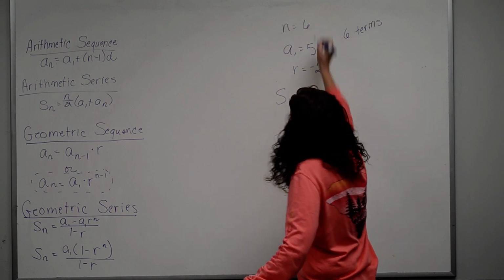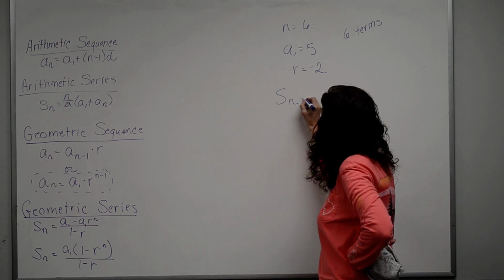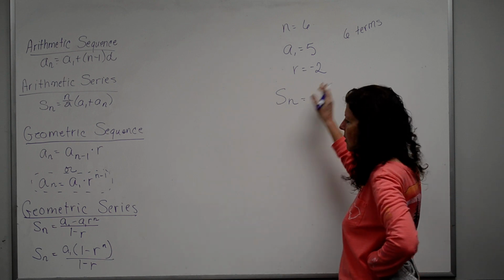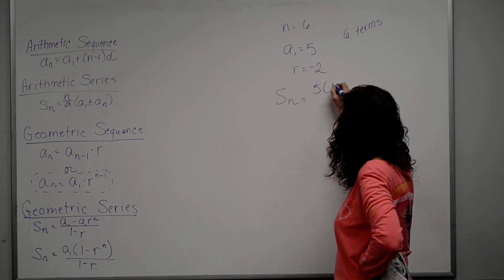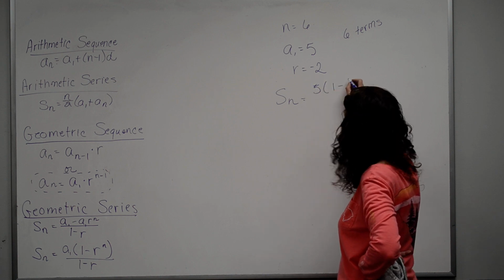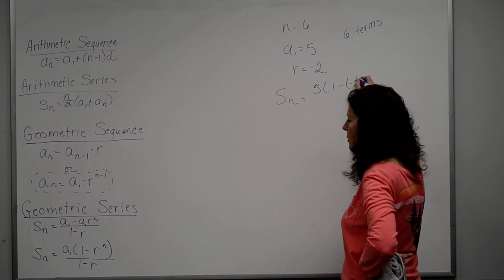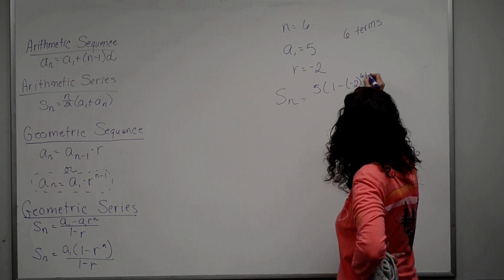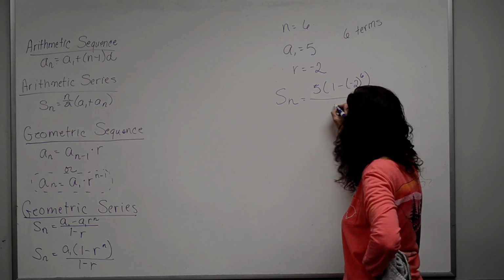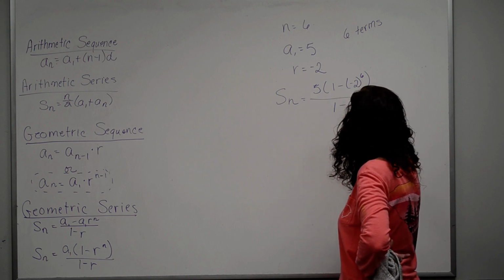So n is equal to 6. Now I'm just plugging it in. So S sub n is equal to 5 times parentheses 1 minus negative 2 raised to the 6th power, over 1 minus a negative 2.